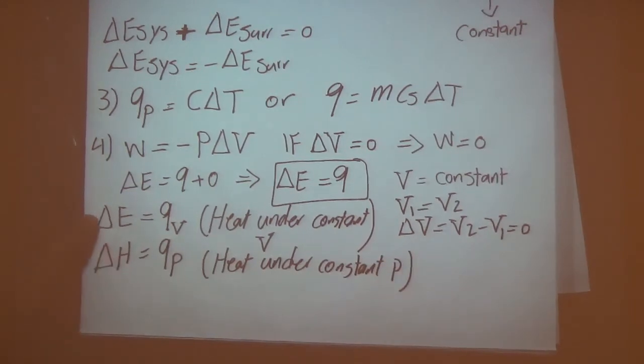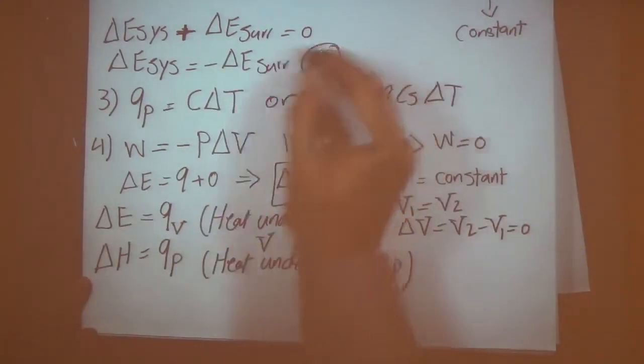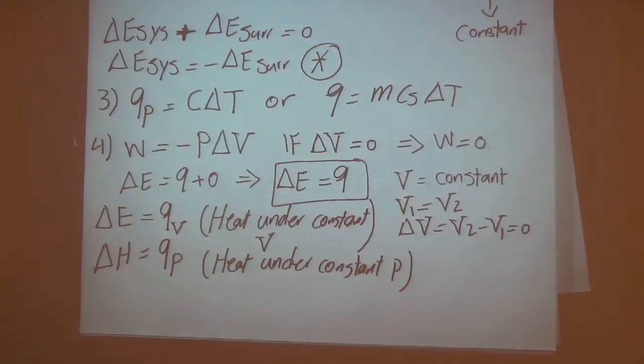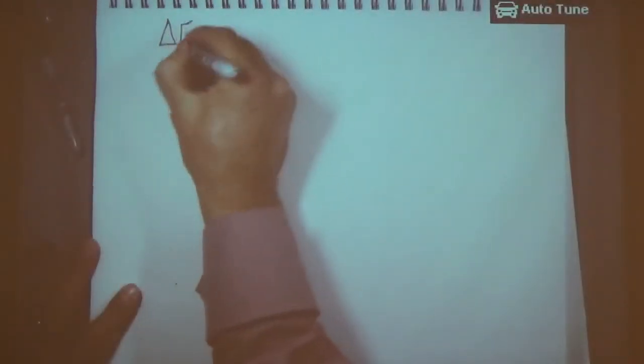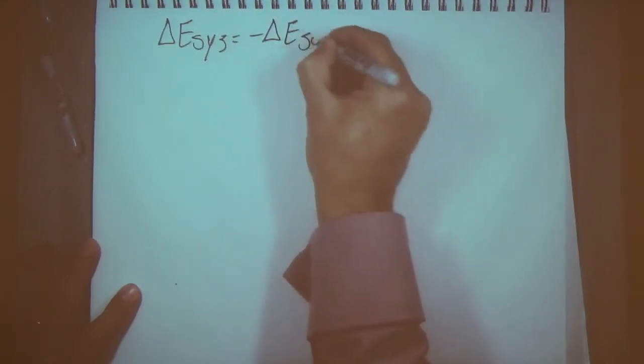So this is delta E equal to heat under constant volume, delta H equal to heat under constant pressure. Okay. So now I go back to this one, and wherever I have delta E, I will replace it by Q. I have delta E of the system equal to minus delta E of outside.